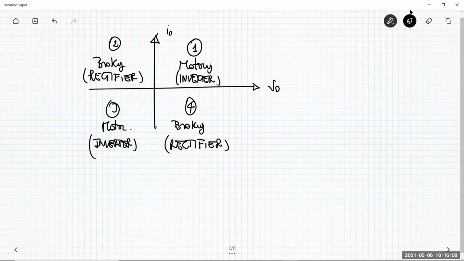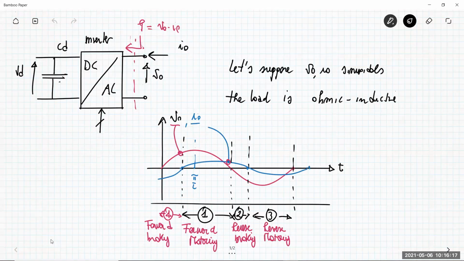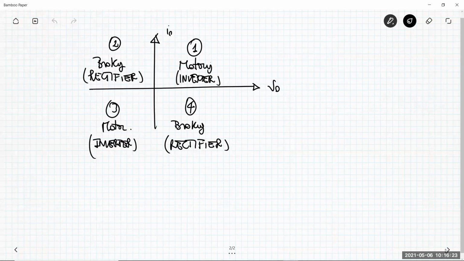Okay, so these 4 quadrants in which you have the possibility to operate the inverter suggest that we are searching for a switch mode power circuit in which you can have bidirectional current and reversible voltage.